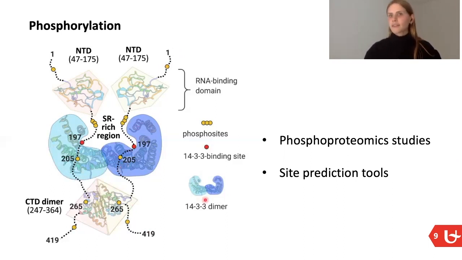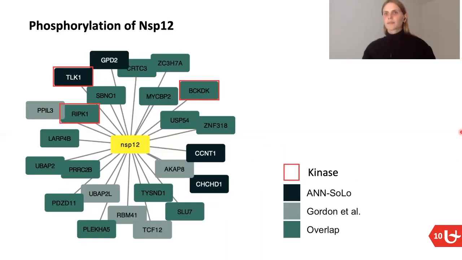We identified several phosphorylation sites on the N protein, but also on other SARS-CoV-2 proteins. Some of these sites were reported by proteomic studies, and most of the sites could be expected based on site prediction tools. We identified 2 novel phosphorylation sites on the SARS-CoV-2 protein Nsp12. Here you can see its interactions with human proteins.